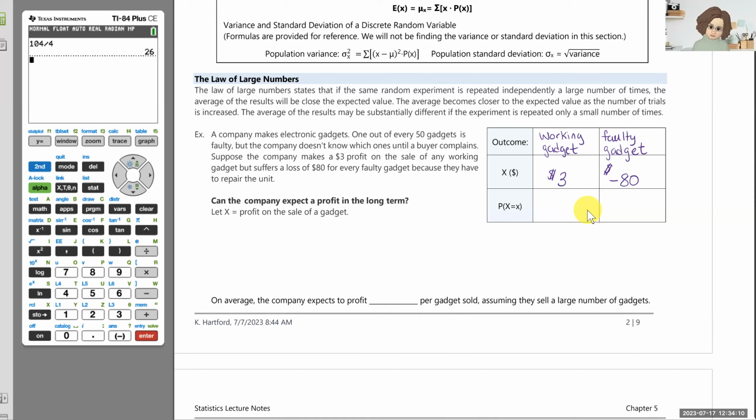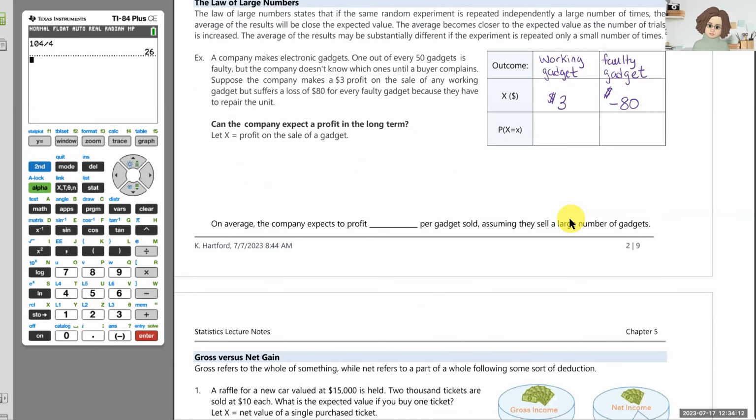Okay, so let's talk probability then. One out of every 50 is faulty. So I'm going to do the faulty probability first. So 1 gadget out of every 50, which means that how many gadgets out of every 50 are working?